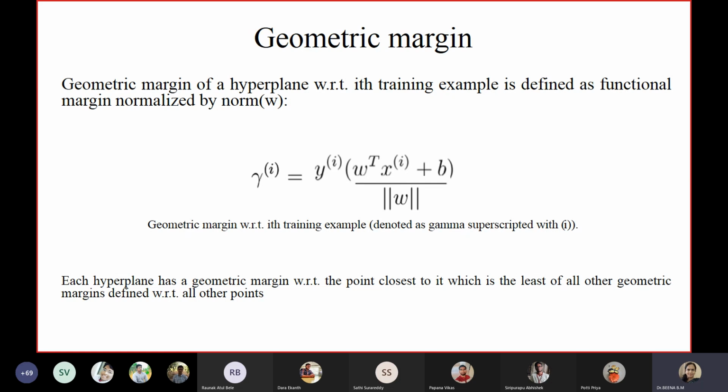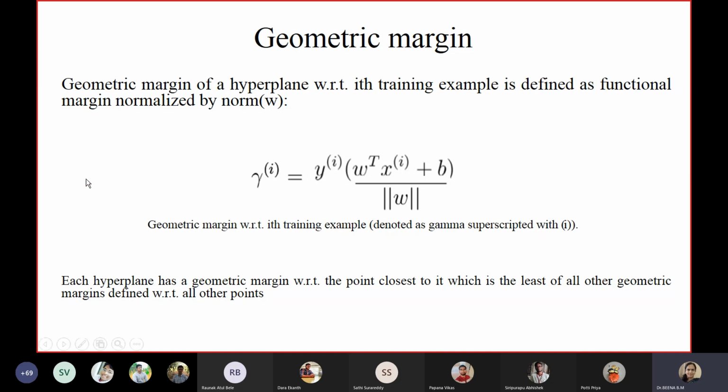We have different points, class A and class B. Each hyperplane has some distance with respect to the support vectors or the data points. Every hyperplane has a geometric margin with respect to the data point closest to it, which is the least of all other geometric margins defined with respect to all other points.